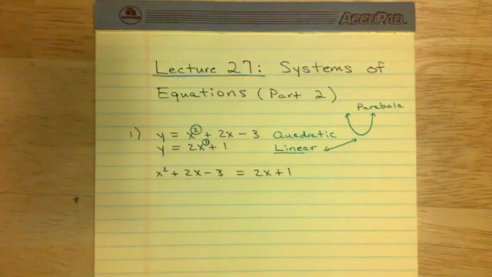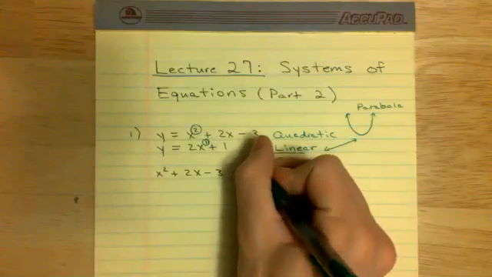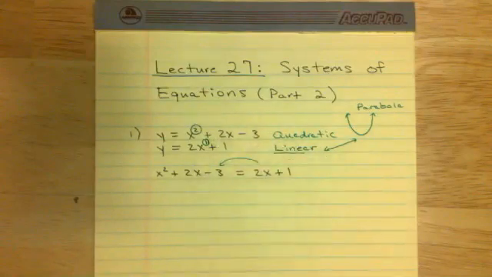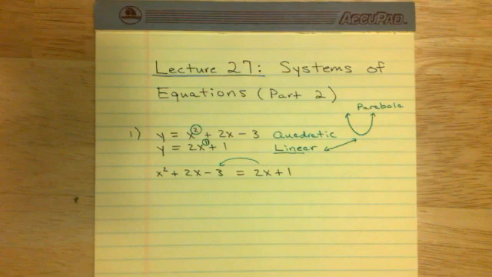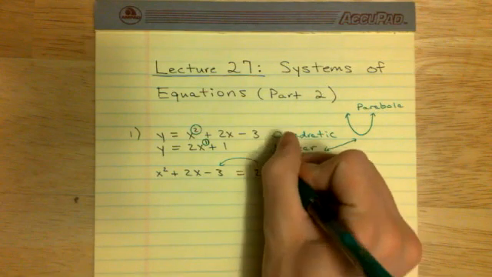What I want to do next is I want to get everything to the left side. So this 2x right here, I want to take that to the left side. And the positive 1, I also want to get that to the other side.